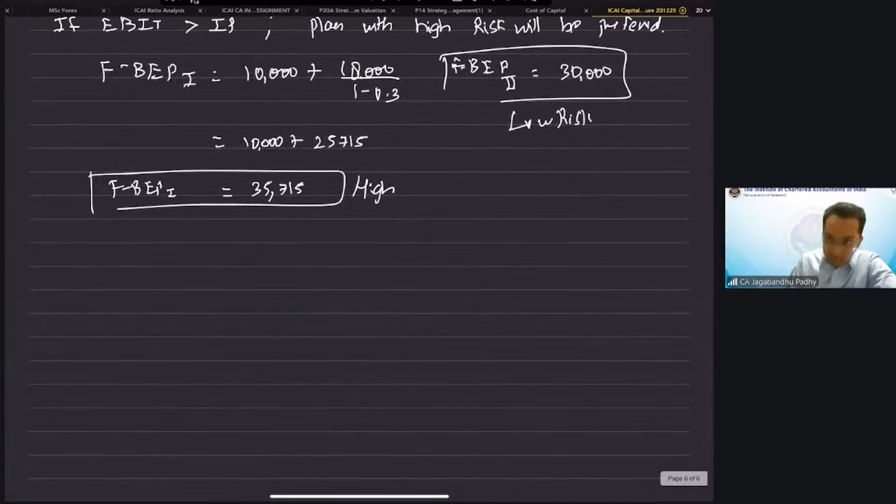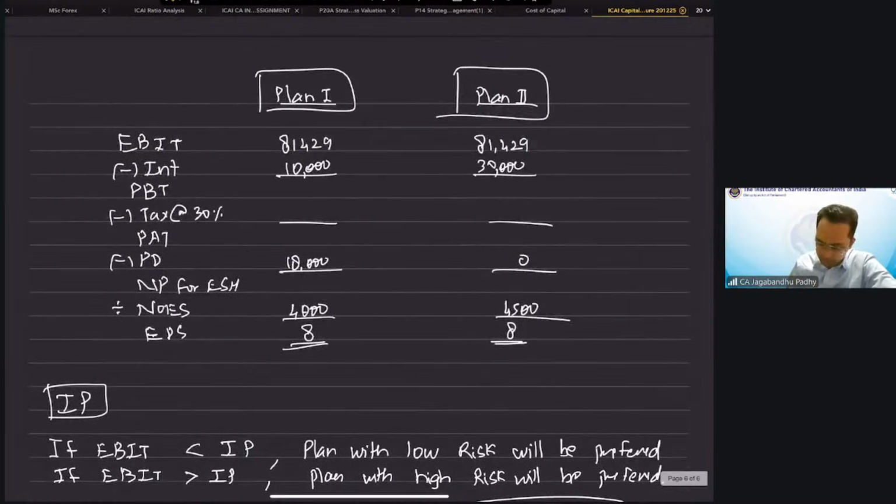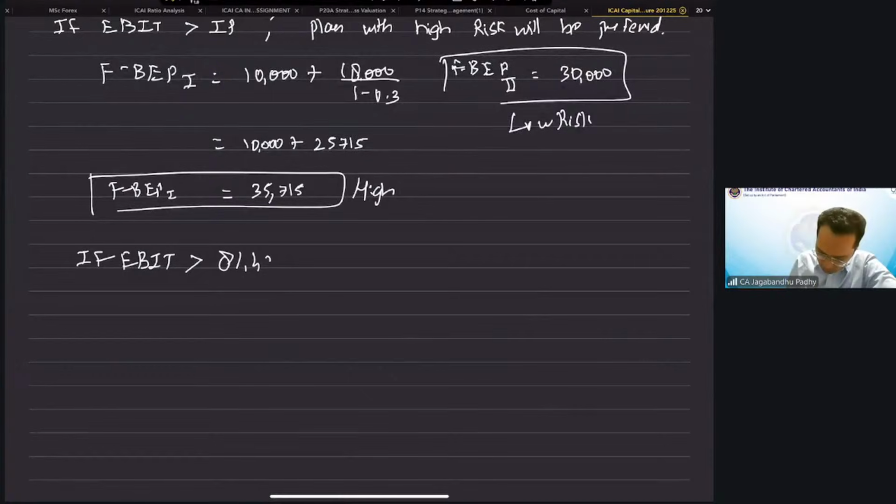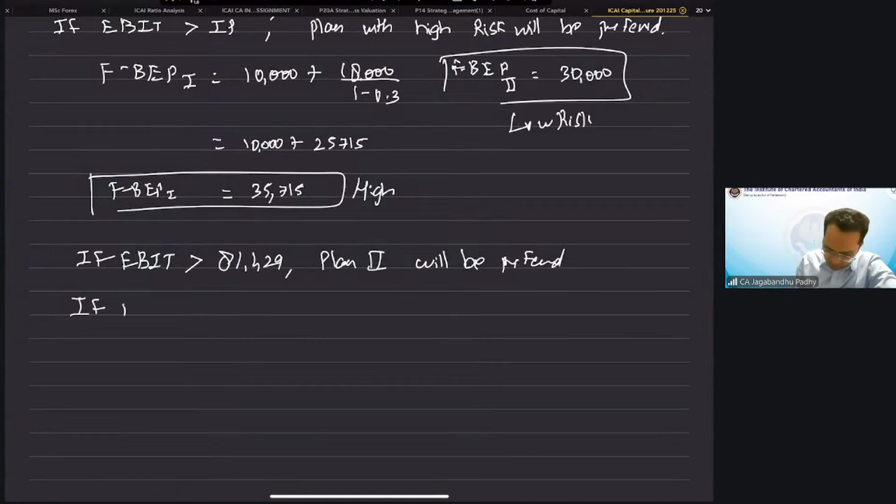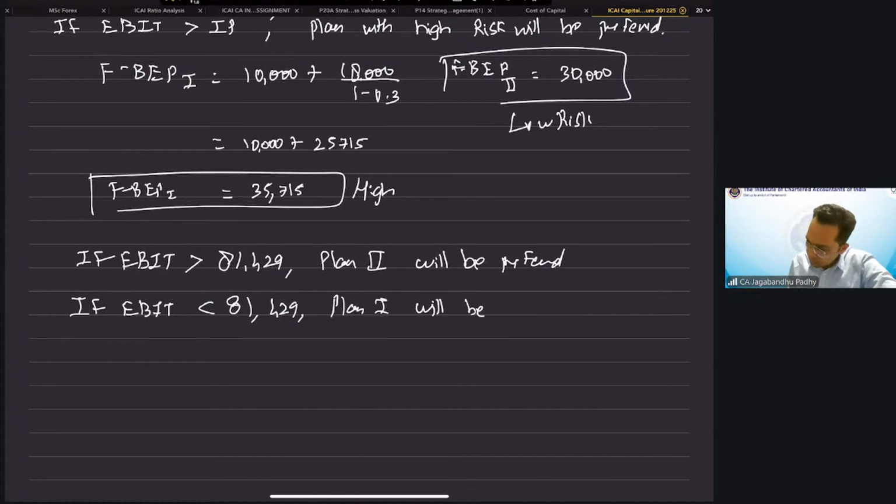So now I can definitely say if EBIT is greater than the indifference point, which is 81,429, plan 2 will be preferred. And if your EBIT is less than 81,429, then plan 1 will be preferred.